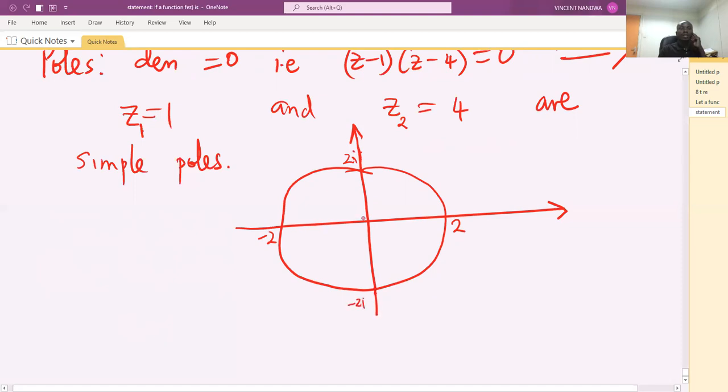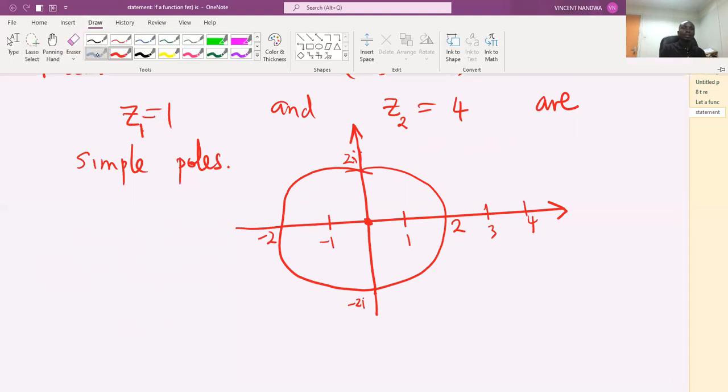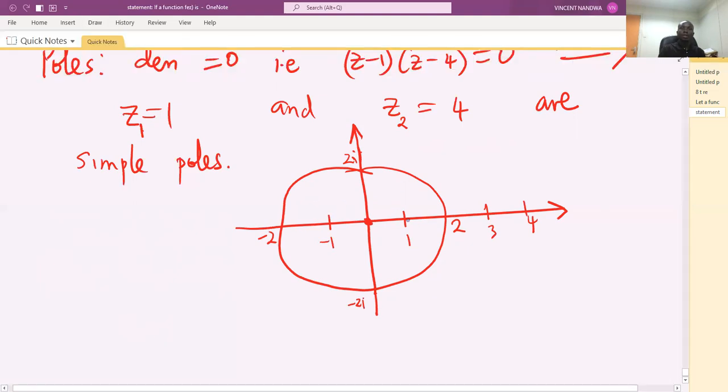These are 2 units from the origin. So this will be 1, this will be -1, this will be 3, this will be 4. Clearly you can see that of these 2 poles, only Z1 is within the circle, but Z2 is outside.